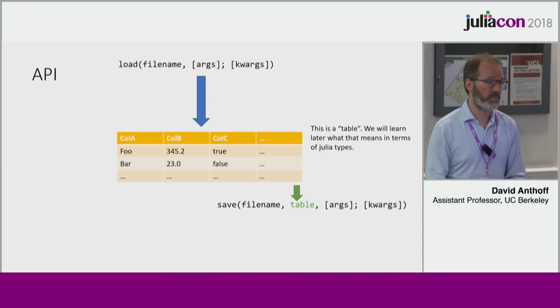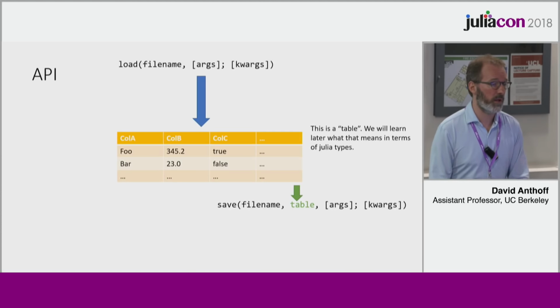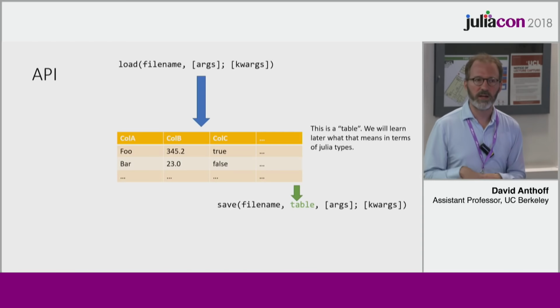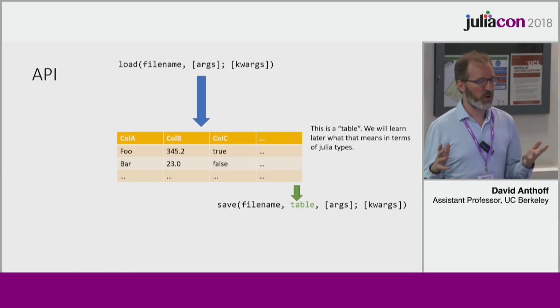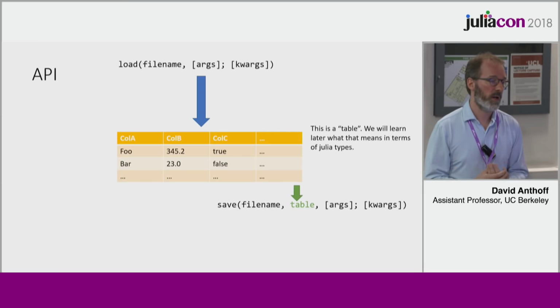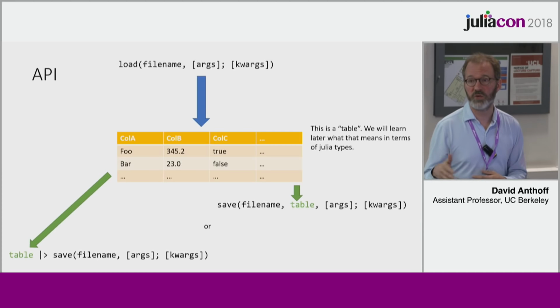And then we have a save framework. Very simple. You call save. The first argument is the file name. The second argument is anything that's a table. Again, this is not restricted to data frames or any specific type. Anything that follows the idea of what a table is in Queryverse will work with that. And then you can pass in arguments and keyword arguments. So that's the first way in which you can call the save function. The second way is that you can use this pipe that I've shown you previously.